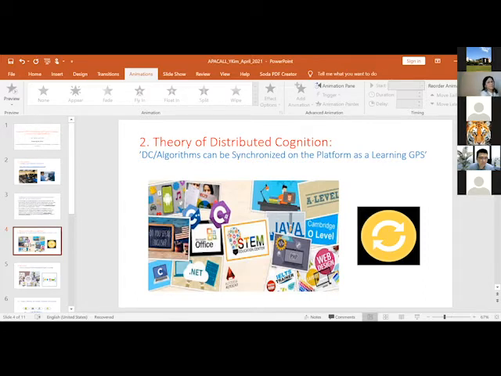So this is the basic overview of the theoretical or conceptual background of my project.